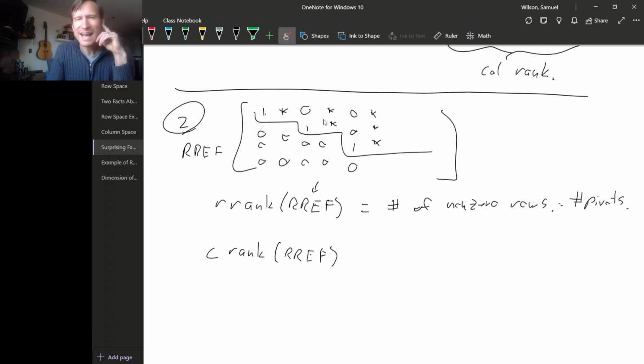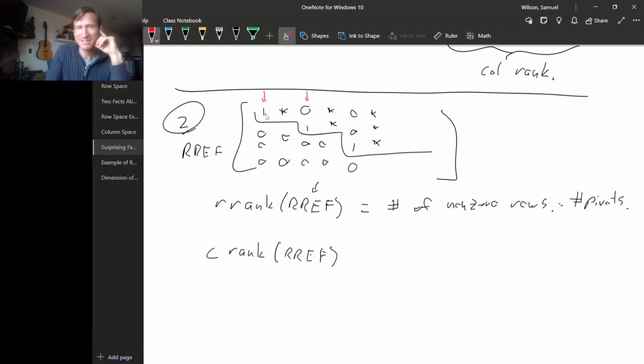Well, if you imagine the span, what vectors can we get out of the span of these columns? Notice that every place where there's a pivot, these are actually standard basis elements.